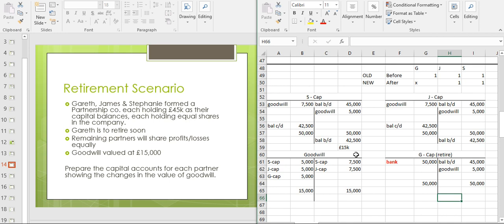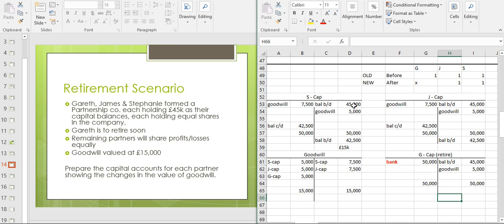Again, that's calculated through what we've done here. Okay, 15,000 goodwill, equal share, he should get 5k, and he's got his 5k there. Okay, and how has he got £5,000? 2.5 from Stephanie, 2.5 from James.